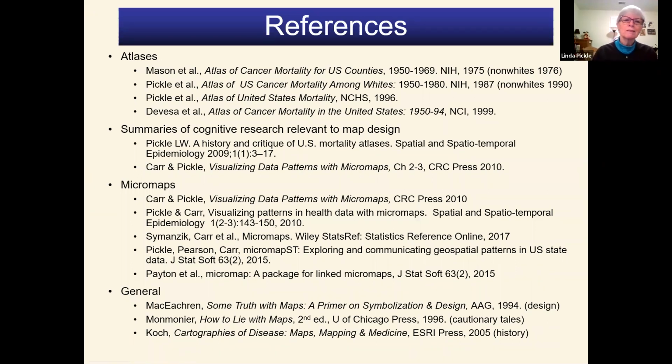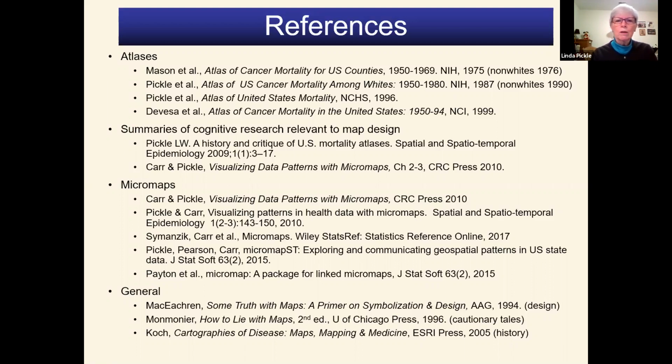I do that because the work that we did that I showed earlier, say with Cindy Brewer and Alan MacEachren and all of those people, the publications are scattered across the literature in cartography, statistics, different types of journals. In our book Visualizing Data Patterns with Micromaps, we've pulled all these together. And in a paper I did in 2009, I have all the references in one place, so you can find what you need there.